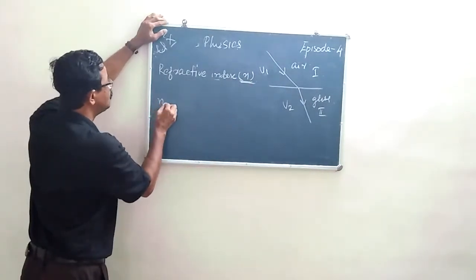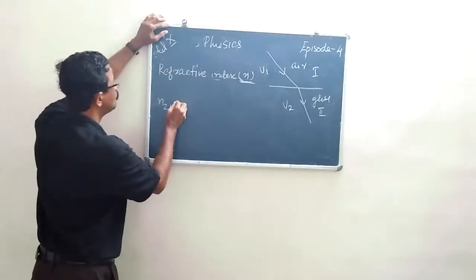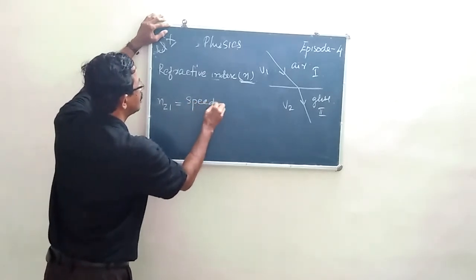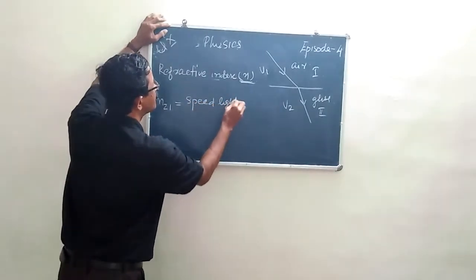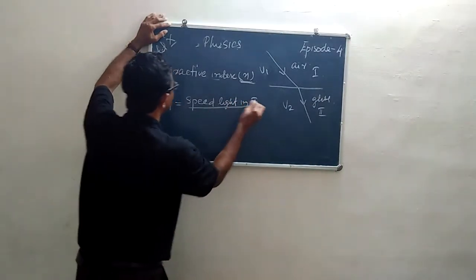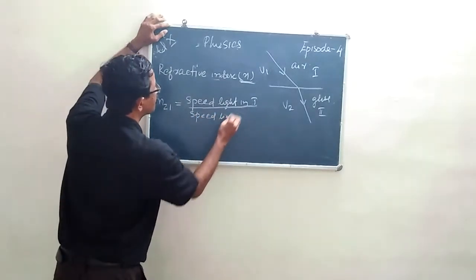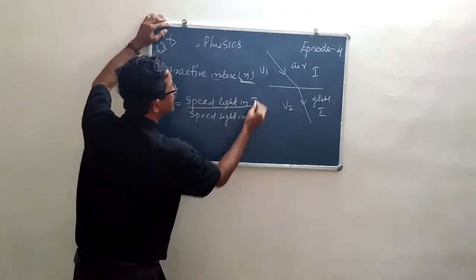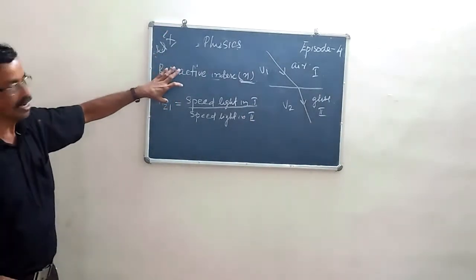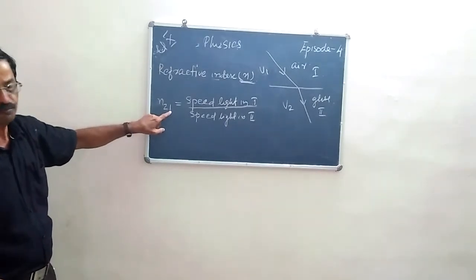Refractive index of second medium with respect to first is equal to the speed of light in first by speed of light in second. That means n21 means refractive index of second medium with respect to first one.